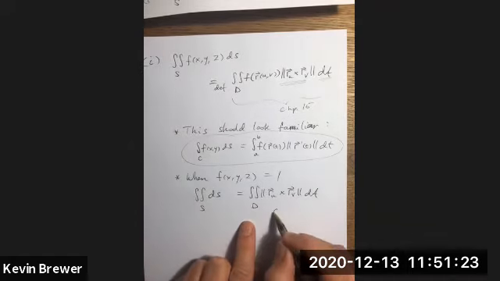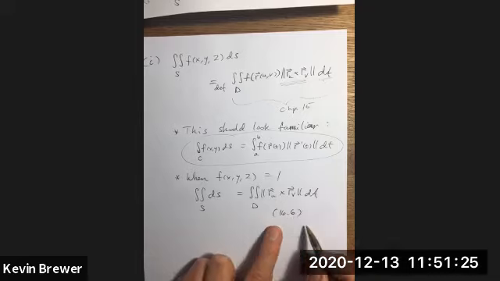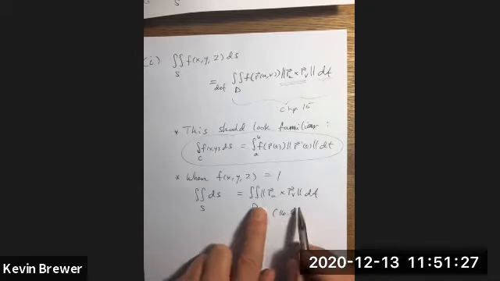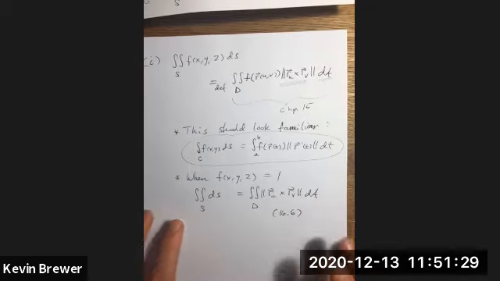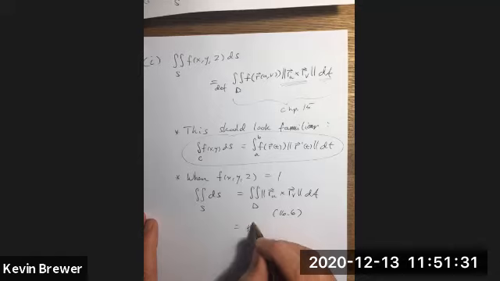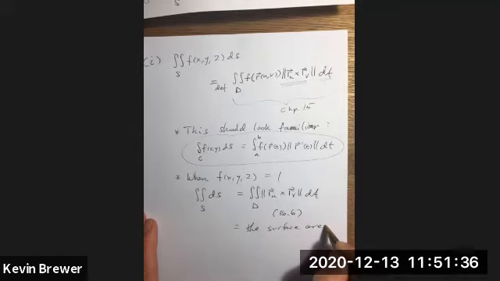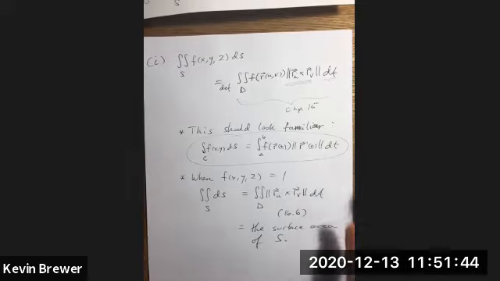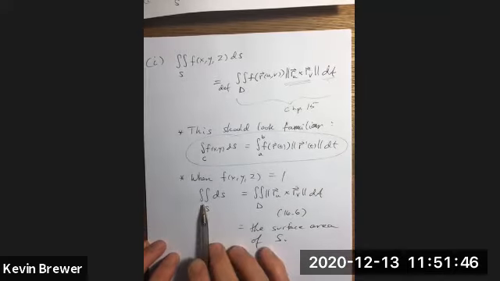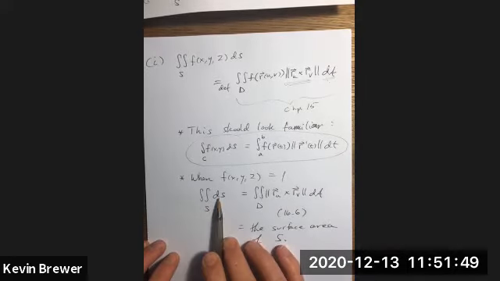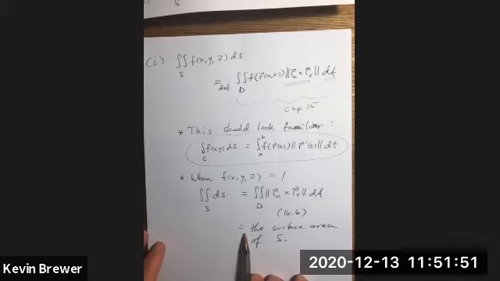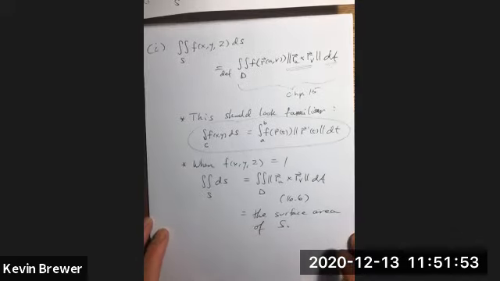And this should look familiar from 16.6. It's the surface area of S. So again, a familiar context. It makes sense that the double integral over S of dS gives us the area of S.